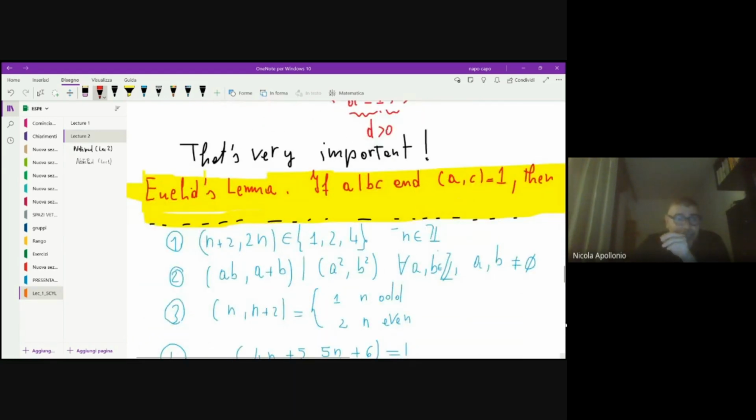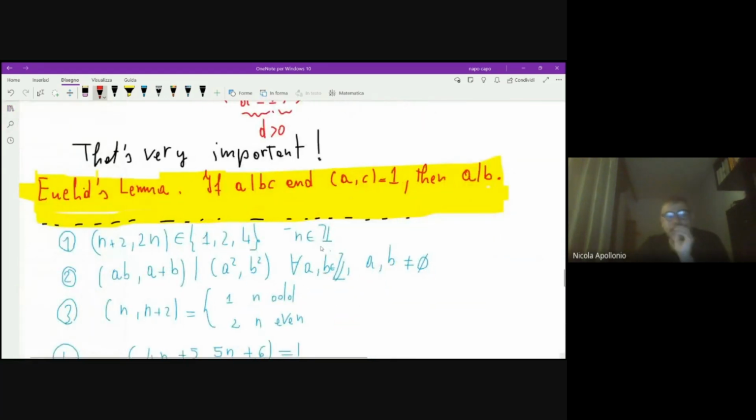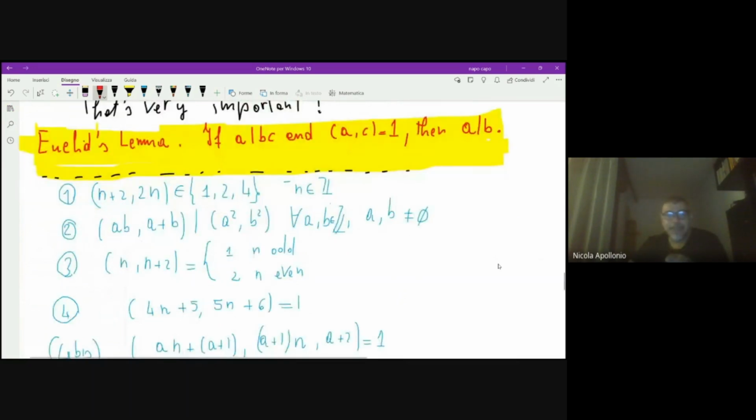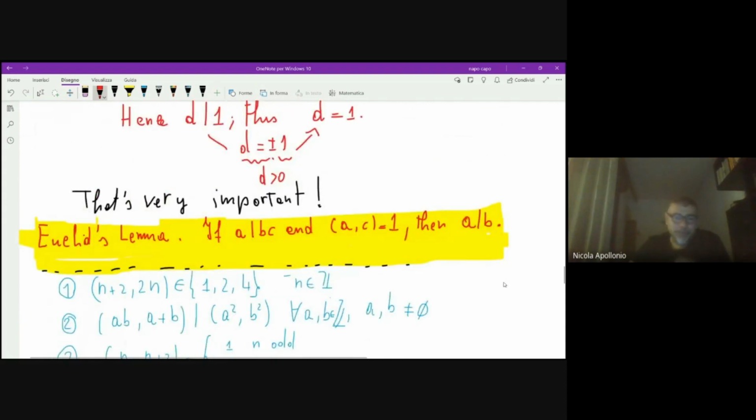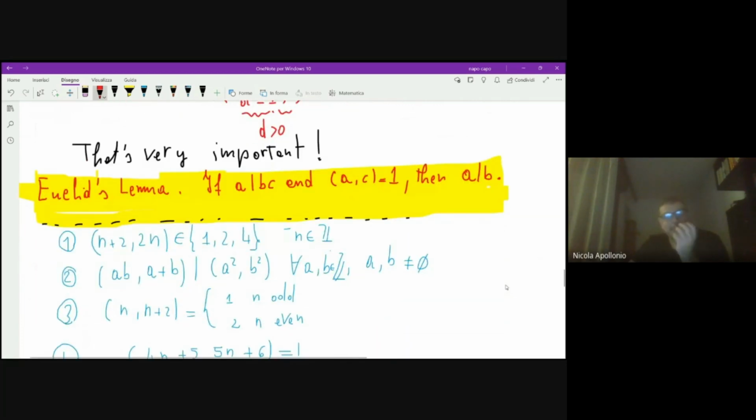But it also implies Euclid's lemma. I want you to prove by yourself this lemma, which is very, very instructive. What does Euclid's lemma say?